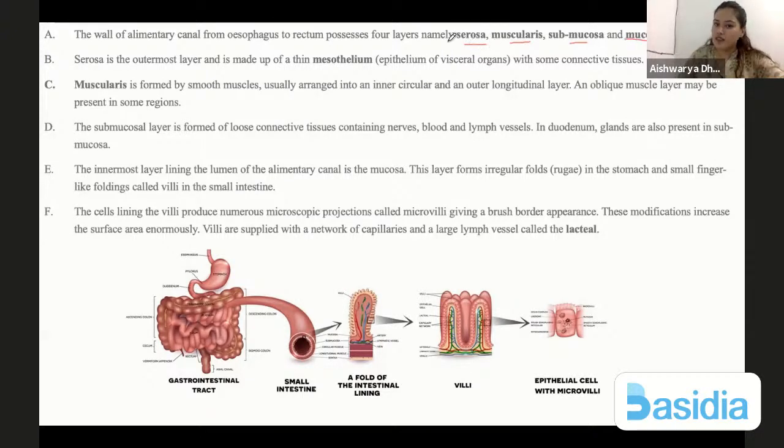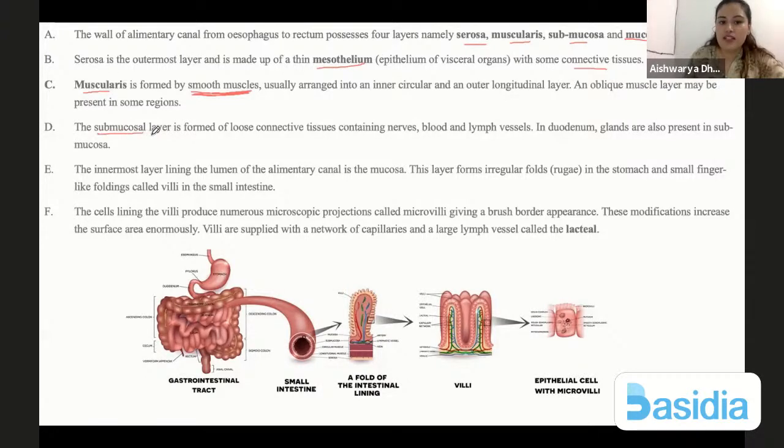From the outermost to the innermost, serosa is the outermost layer made up of mesothelial tissue and some connective tissue. Muscularis, as the name suggests, is made up of smooth muscles only. No striated muscles, only smooth muscles arranged into a circular, longitudinal, and oblique layer that you saw in the stomach.